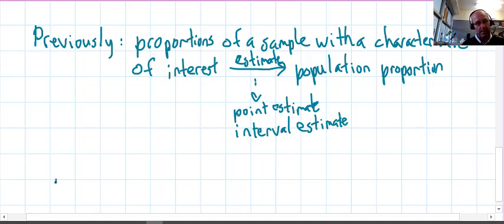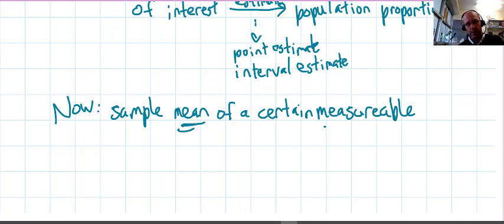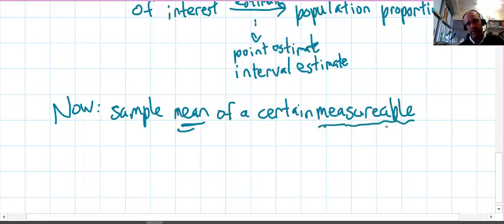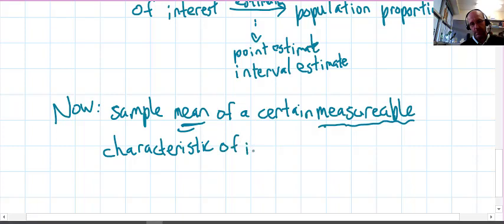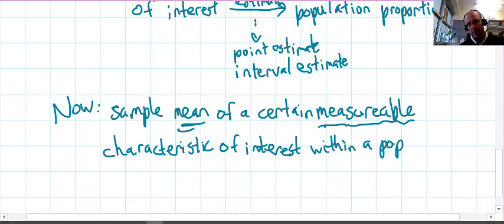So now, to compare and contrast, we're looking at the sample mean of a certain measurable characteristic of interest within a population, which might be continuous data. So it's not so much now whether it's got a characteristic or not.